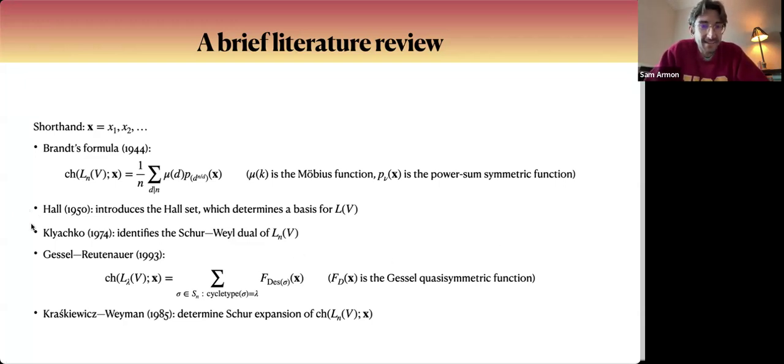Okay, anyway, I think the next development to talk about is in 1974, when Kiewicz described the Schur-Weil dual of the nth graded piece. I'm not really talking about Schur-Weil duality, but it's essentially the mirror of the nth graded piece as a symmetric group module instead of a GL module.